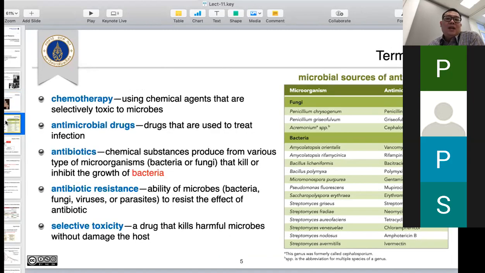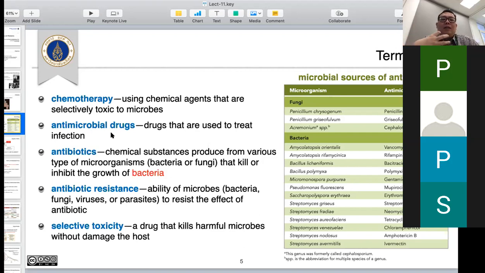All right. Before we go into detail on antibacterials, let's know the terminology. Chemotherapy just means using chemicals against microbes, okay? Sometimes people call chemotherapy antimicrobial drugs, because we move from pure chemicals to antibiotics. An antibiotic is a substance produced from fungi or other bacteria that acts against microbes.